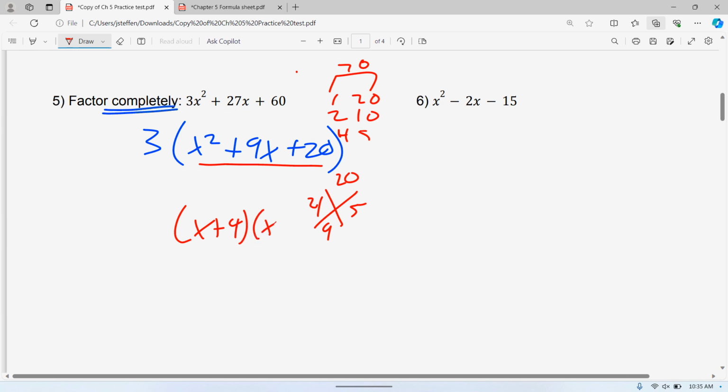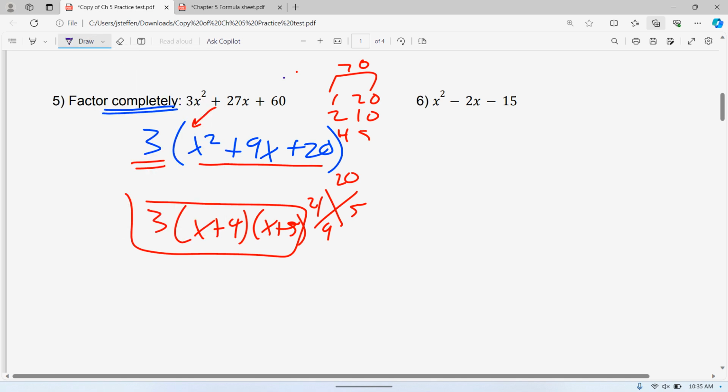X plus 5. We don't have to divide the 4 and the 5 by anything because there's no number in front. Don't forget this 3. You factor that 3 out, so you still have it. But again, factor completely, that's the tip off. That means you're going to be factoring more than once.